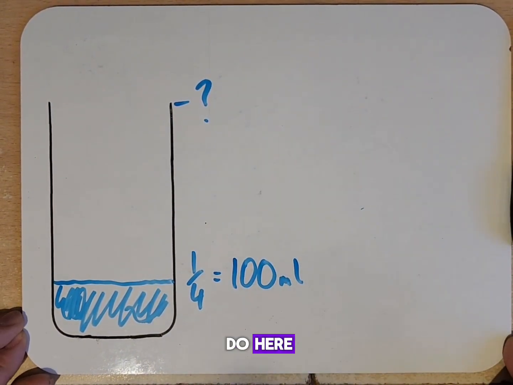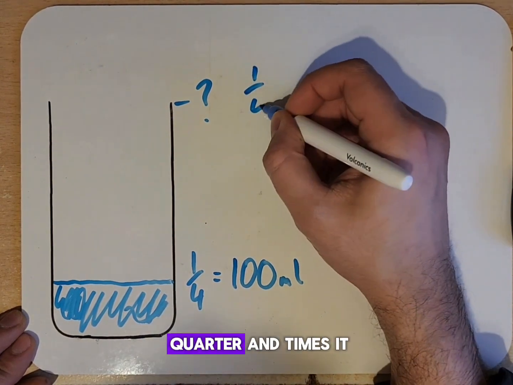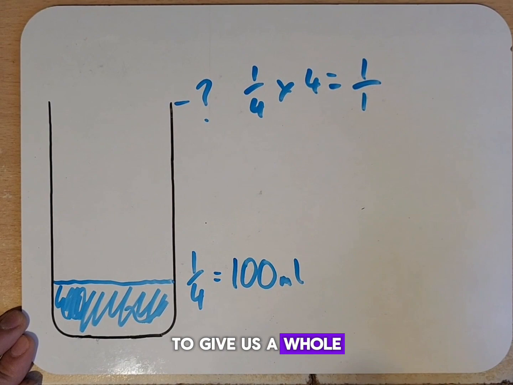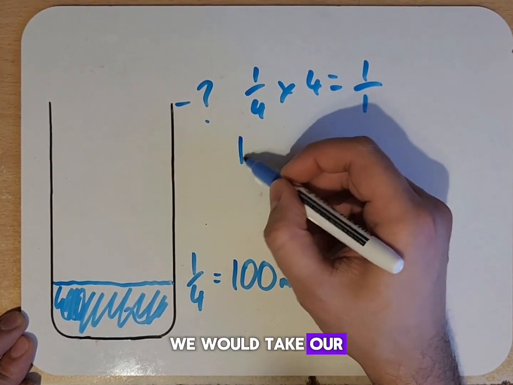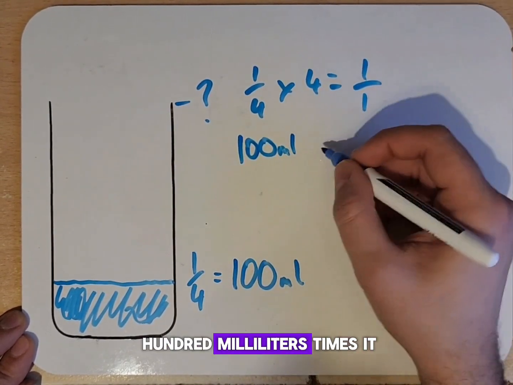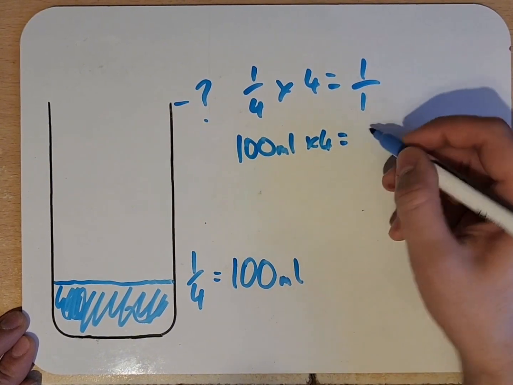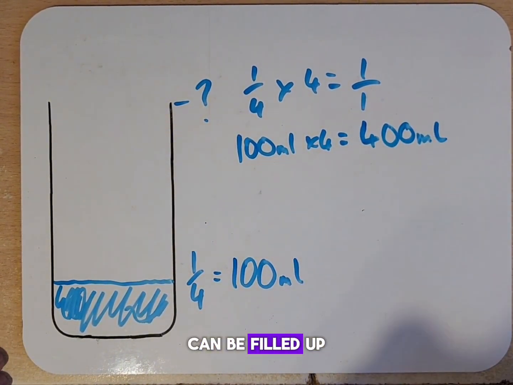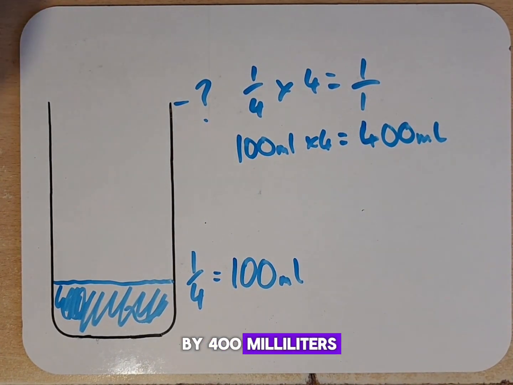And what we can do here, because we take 1/4 and times it by 4 to give us a whole, we would take our 100 milliliters, times it by 4, and that shows us the whole cup can be filled up by 400 milliliters.